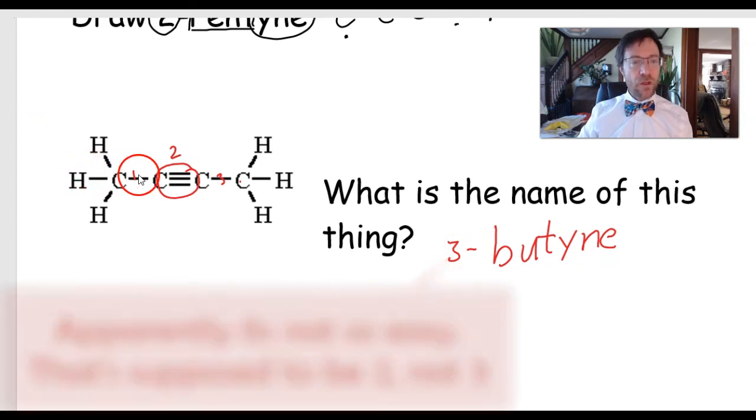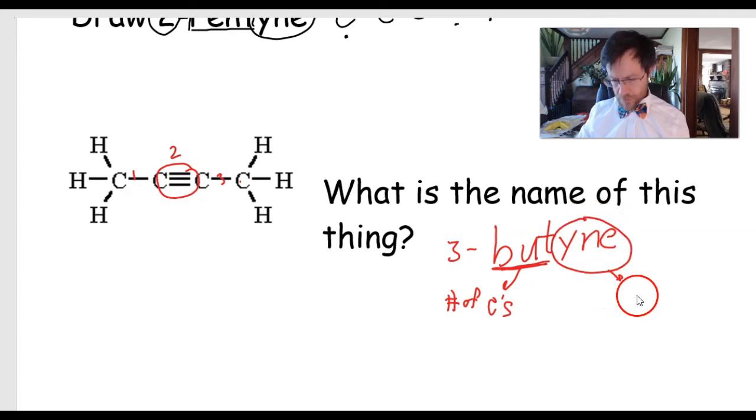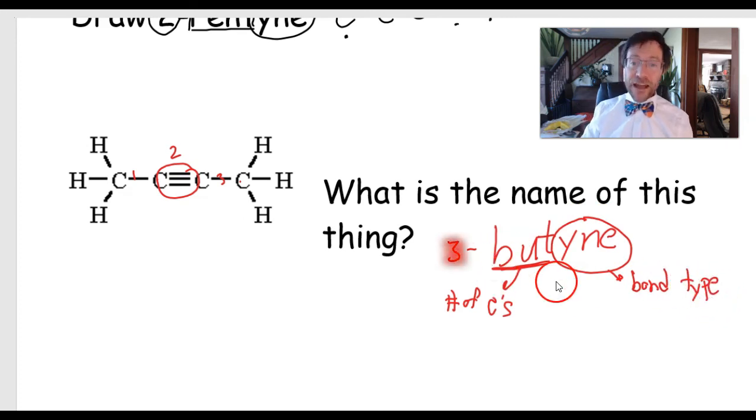So how did I just name that? I counted the longest sequence of carbons. That gave me my prefix, so I got that from the number of carbons. The suffix came from the bond type. And finally, this one was where.